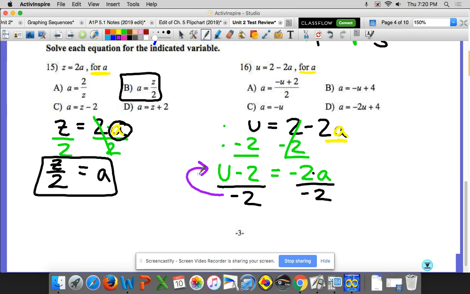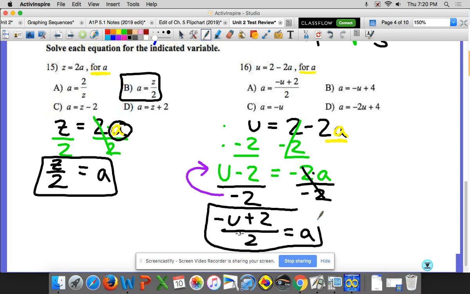So the negative to the U is going to make it a negative U. The negative to a negative 2, a negative and a negative, is going to give us a positive 2. And it's still going to be all over 2 equals, once again, those will cancel out, A. And so that is how you do problem number 16, and that is going to be choice A.